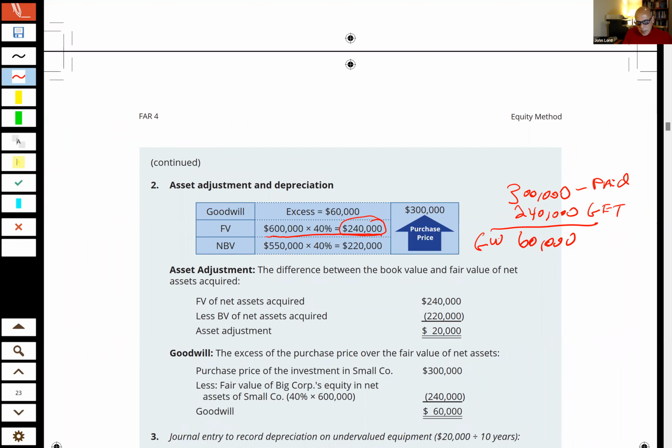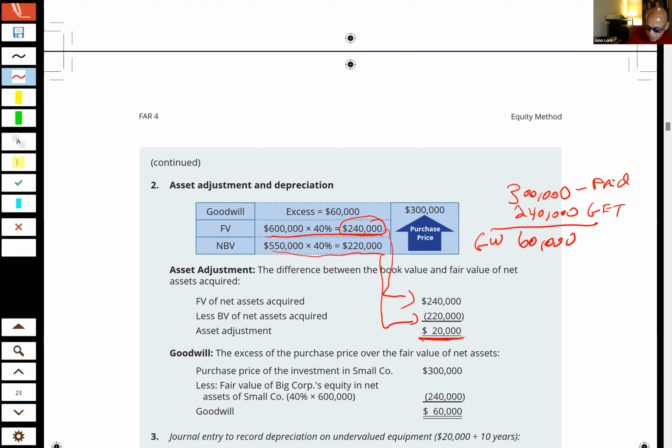But now I want to say, well, what's the asset adjustment? To get to the asset adjustment, I'm going to say, well, look, the assets had a fair value of 600,000. 40% of that is 240. They had a book value of 550. 40% of that is 220.